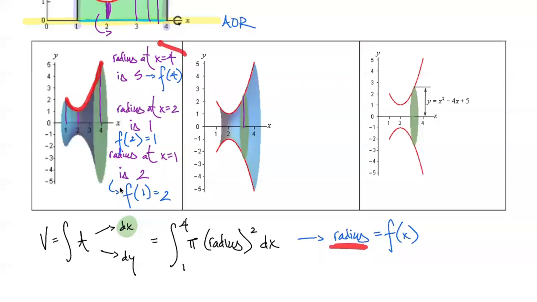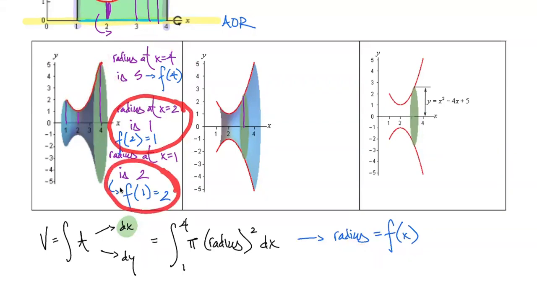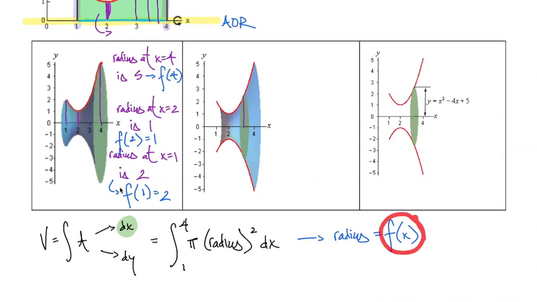We found the radius at 4, at 2, at 1. But there's an infinite number between 1 and 4. I could have 1.00001, 1.01, 1.1, 1.2, 1.3. I don't want to sit and count them all, but this function tells me what every single one of those radii is going to be.